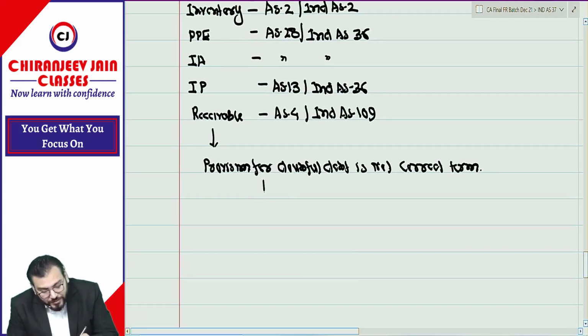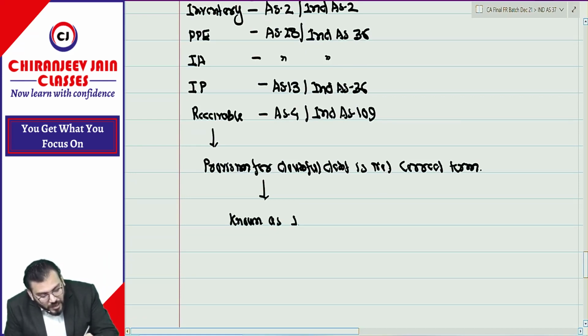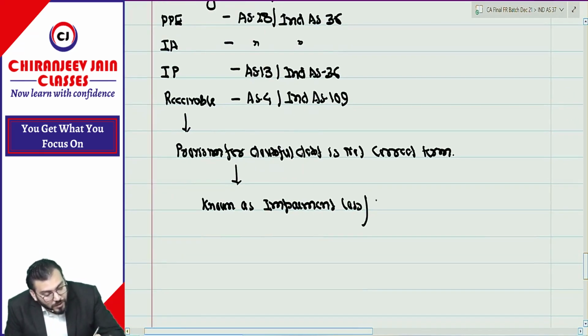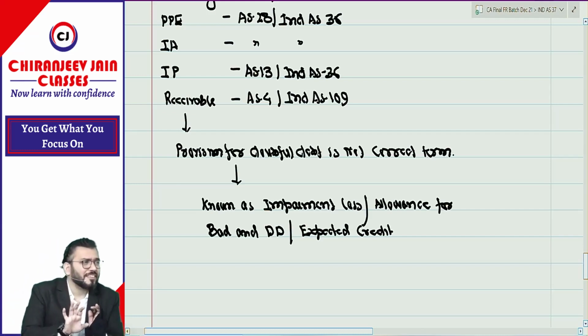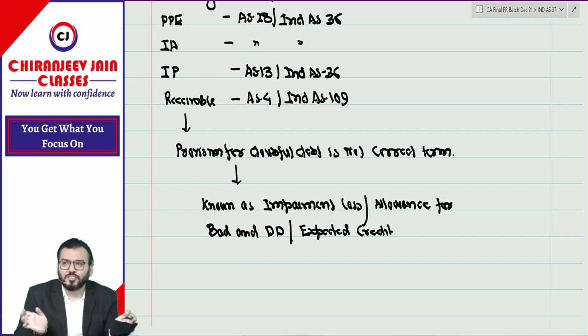So now it is known as either impairment loss or allowance for bad and doubtful debt or expected credit losses. All things we'll do in our classes. Right now I'm just giving you the information on what is going to change in your life. Correct?